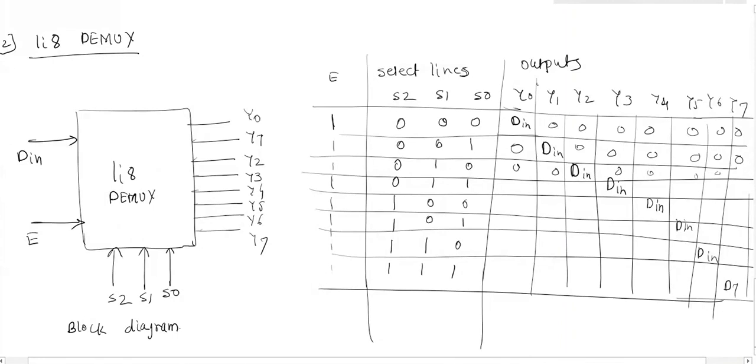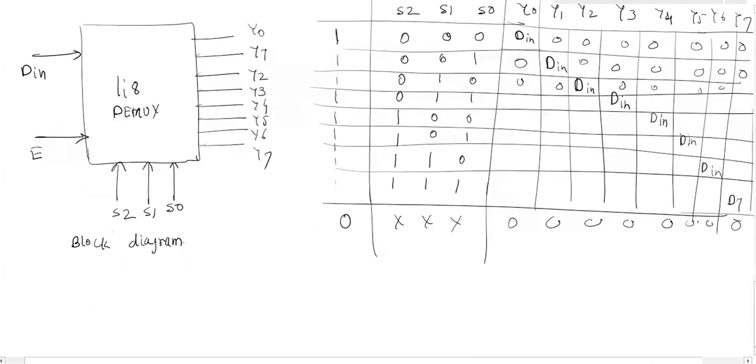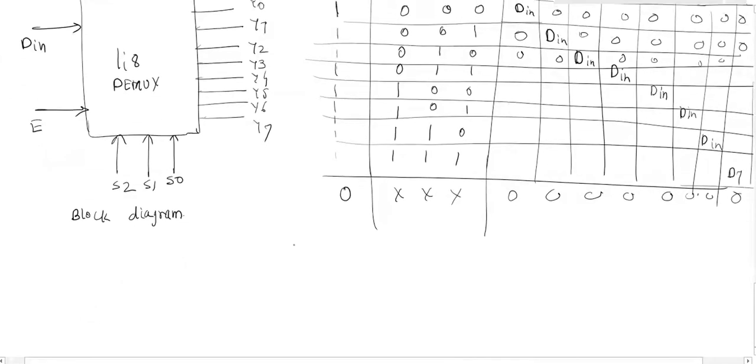Clear? Now once you identify the function table, if the enable signal is 0, whatever the select lines are, the outputs are displayed as 0, 0, 0 and so on. Got it? This is the function table of the 1:8 demultiplexer. Now based on the function table, we can identify the expressions for Y0, Y1, Y2, Y3 up to Y7.